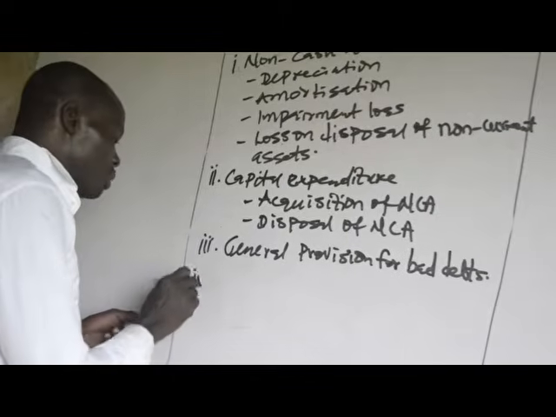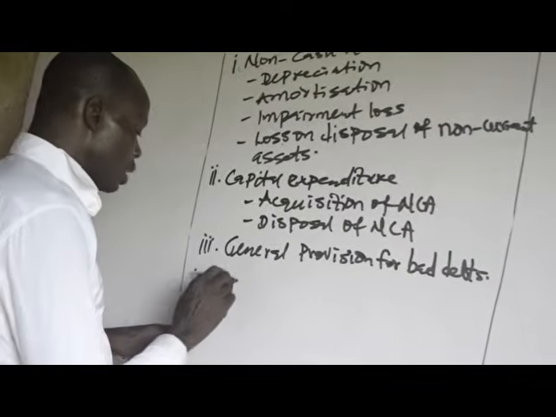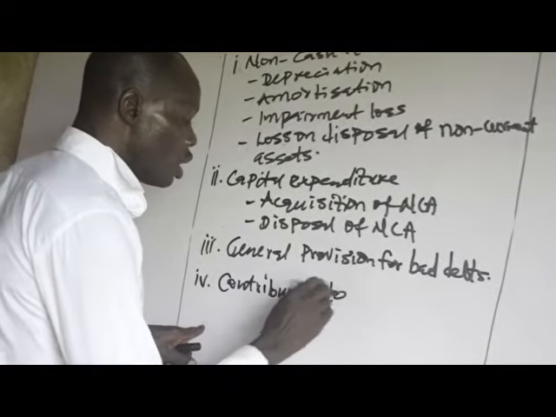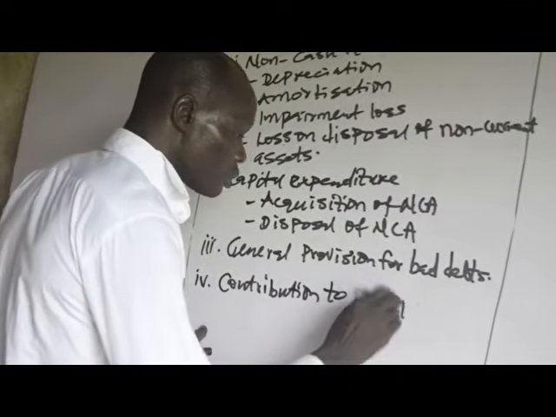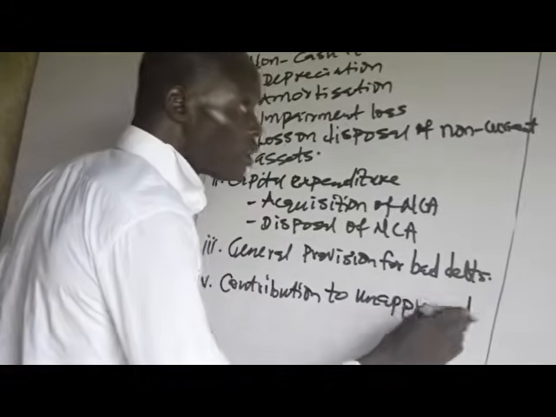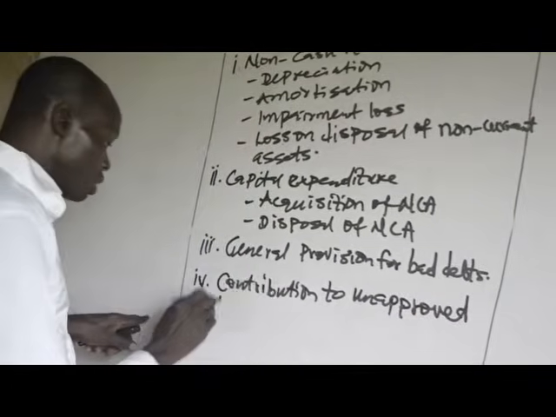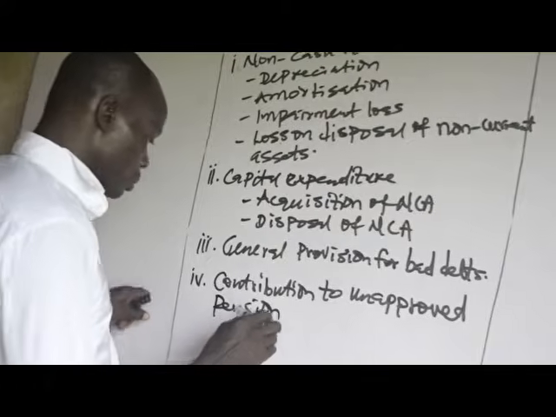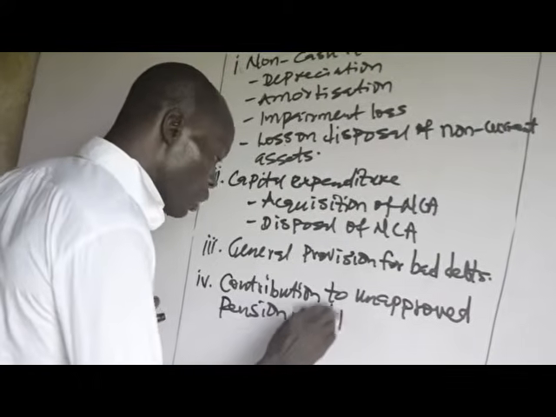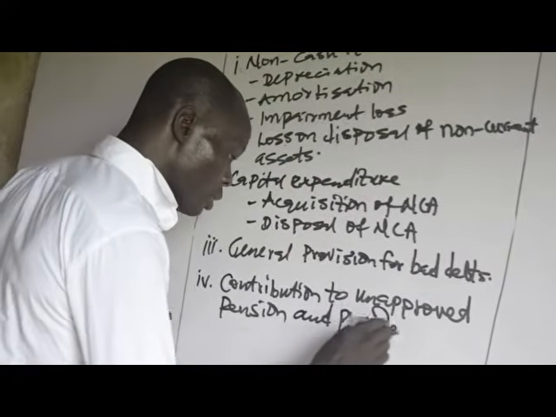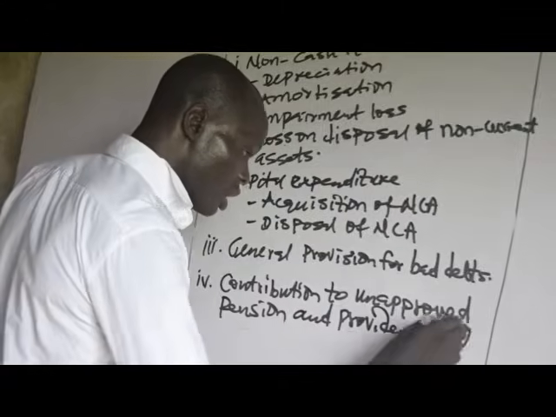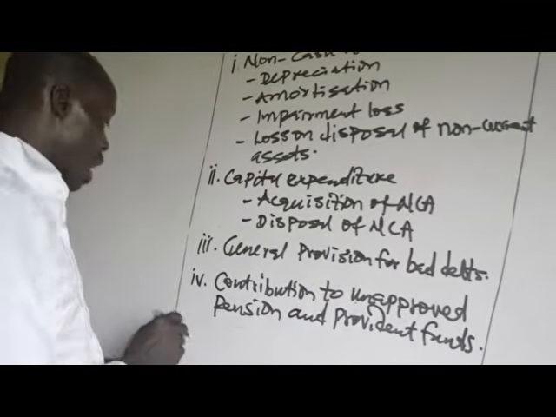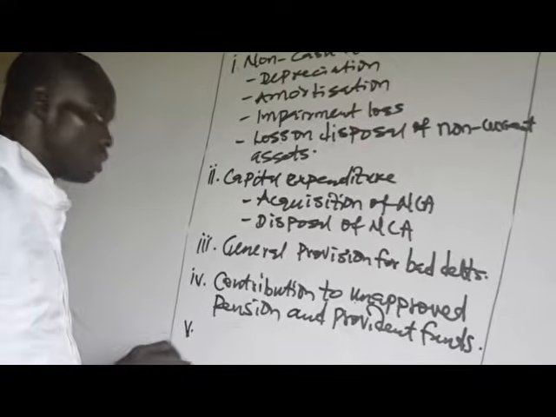Any contribution to unapproved pension and provident funds, the ones that are not approved, are not allowable for tax purpose.